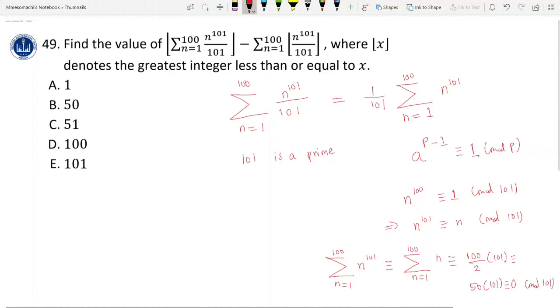Okay, so this implies that this first floor function was just to scare you guys. And you know, when you get used to contest math, you see that some things examiners do just to play mind games. So this implies that this first floor function is not having any effect.